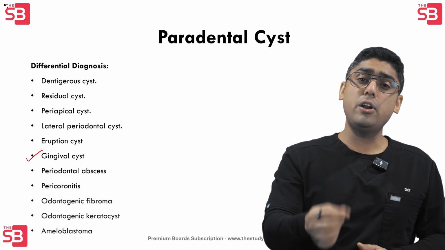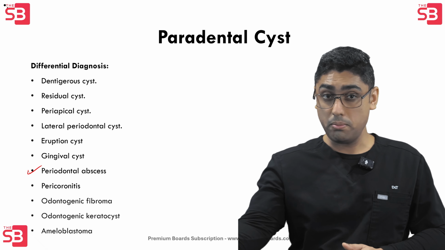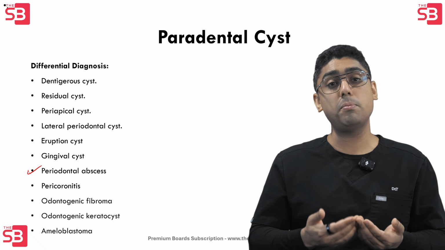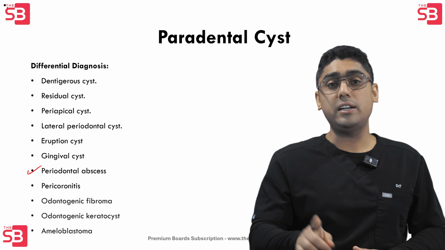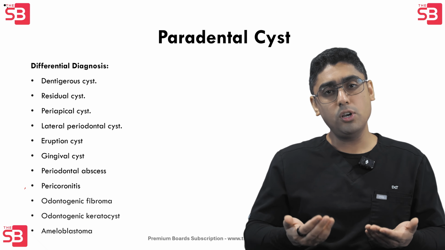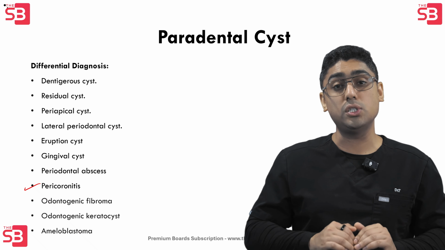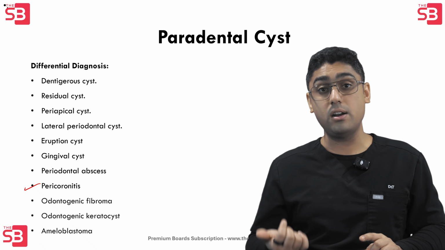Now, an acute periodontal abscess is painful and purulent, and that can also mimic it, but it develops quickly, whereas a periodontal cyst only becomes symptomatic when it's secondarily infected, and it also takes a lot of time. So pericoronitis involves just the gingival flap over a partially erupted tooth, but a periodontal cyst is a bony lesion in the same region. So make sure that you're not confusing pericoronitis and the periodontal cyst.